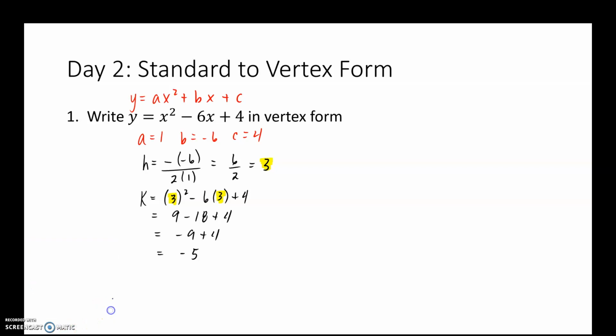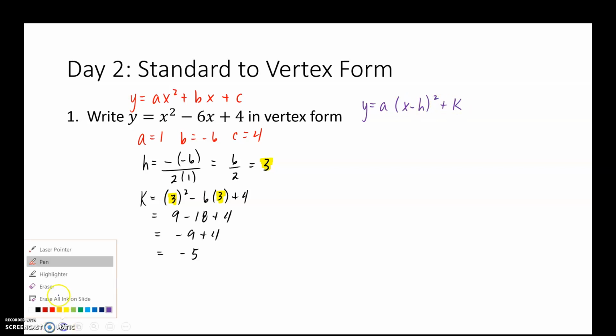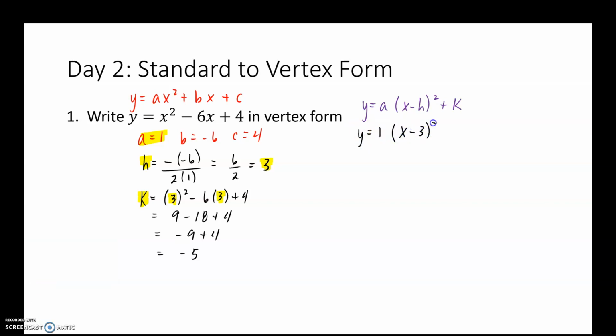So into my vertex form, a times x minus h quantity squared plus k, now we replace all our important pieces: a, h, and k. So y equals, you can write the 1 or you don't have to, x minus the x coordinate of the vertex. Because the y coordinate of the vertex is negative, I write it as a minus sign.